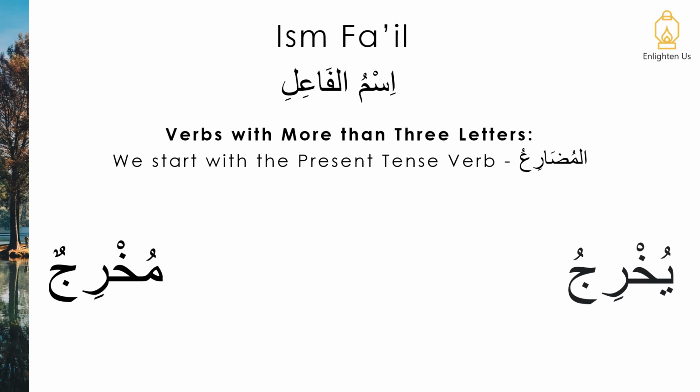But before we delve in, how do we know yukhriju is a verb that has more than 3 letters? Well, in fact, we have to go back and examine the past tense. So if we take the past tense of this word, akhraja, we can see there are 4 letters here. So this indicates to us that we use the second method to derive our Ism Fa'il and not the first.